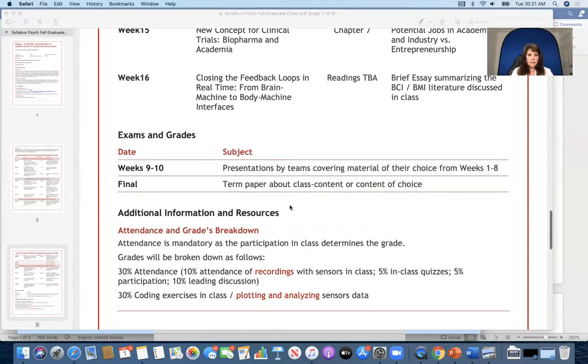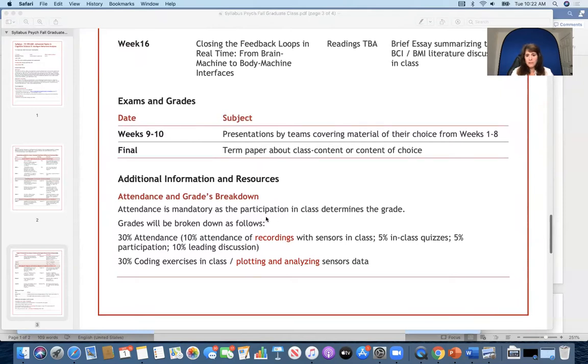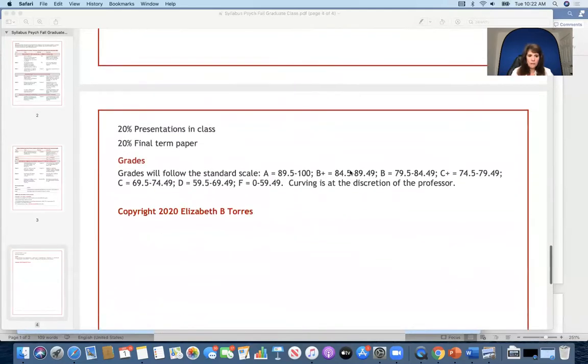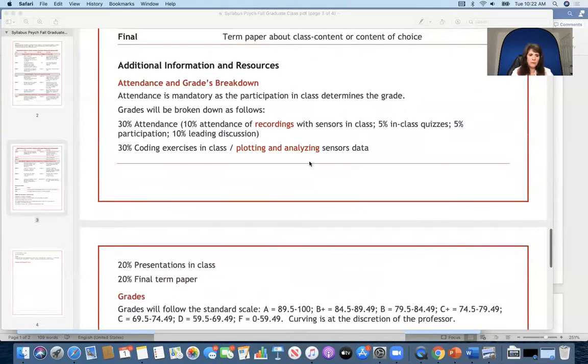We will also have presentations, and attendance is required because a lot of the exercises in class are part of the grade. We'll have a breakdown, roughly 30% attendance for recordings of sensors or data from videos, class quizzes, participation, leading discussions, and so forth.